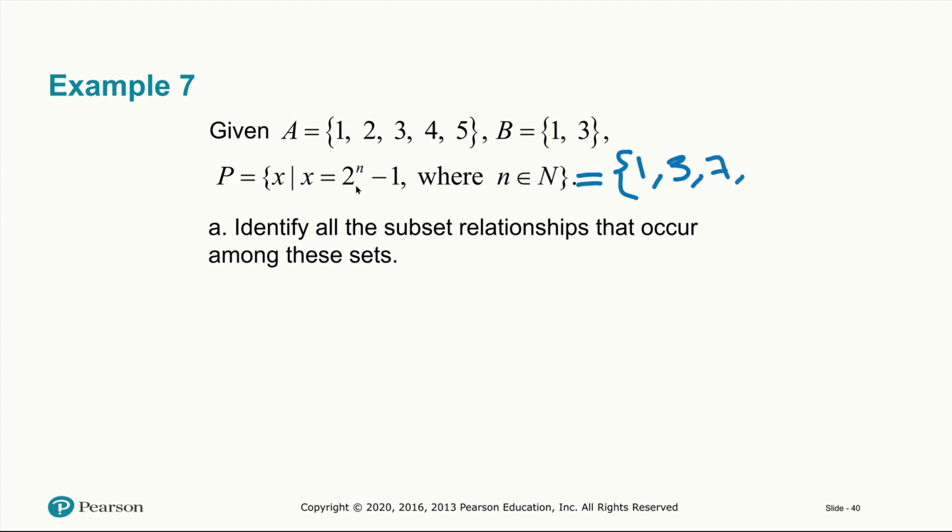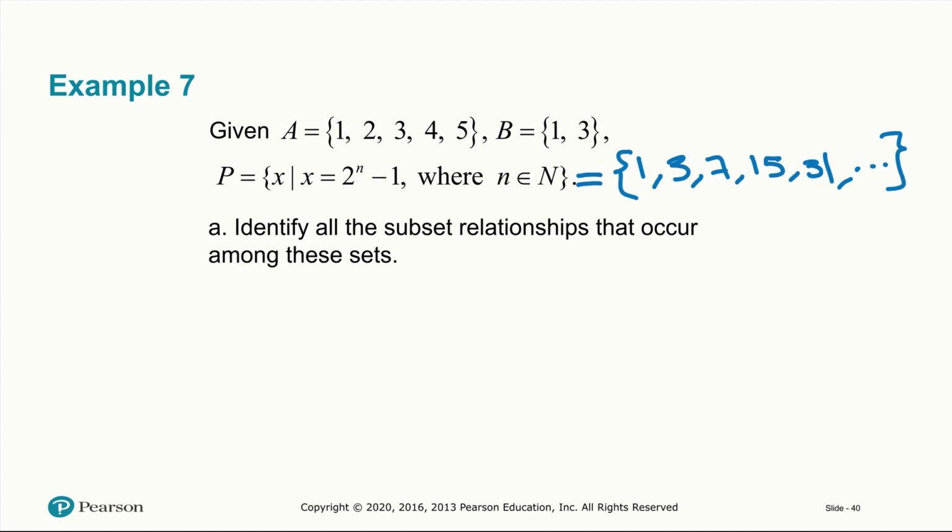If it's 4, we get 2 to the 4, which is 16 minus 1, which is 15. Let's go ahead and go for one more. If it's 5, we get 2 to the 5, which is 32 minus 1, which is 31. And notice this does not end, because the definition is for all n belonging to N. So this set actually keeps going. All right, so now we have a better feel for what P looks like.